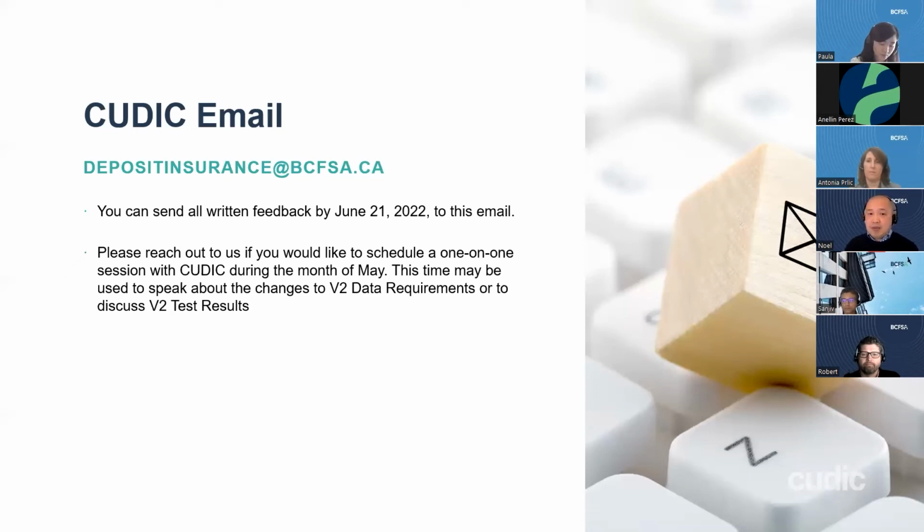Another question just came in as well. Does QDIC have any current expectations of frequency of data provisions by staged credit unions? Again, we will be working with our supervision team to make sure that we are asking for stage data when appropriate.